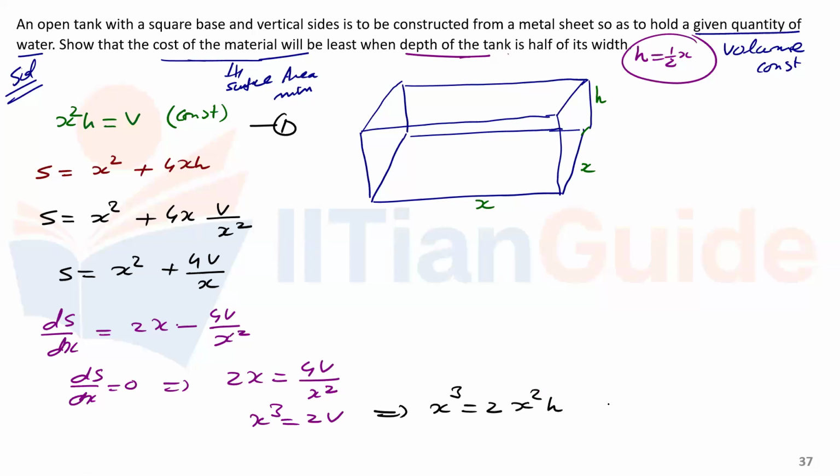Okay, x square gets cancelled. I am getting the value of h in terms of x, that is x by 2. And that we had to prove. h is half of the width of the base of the tank. Am I right? बात फॉलो कर लिया ना, कोई दिक्कत तो नहीं?